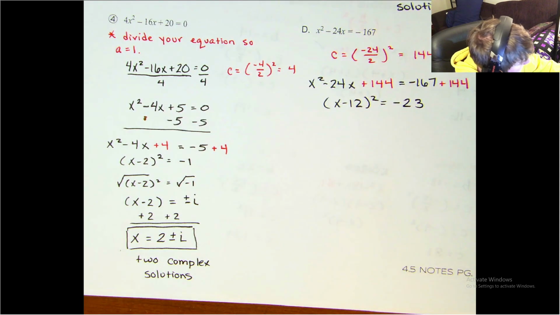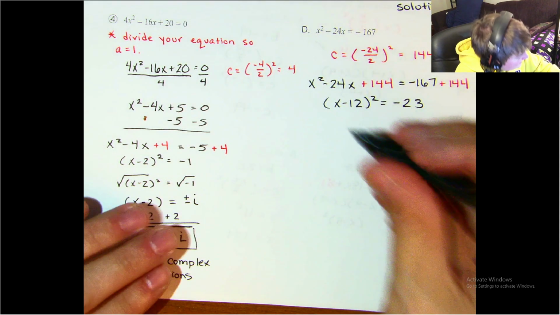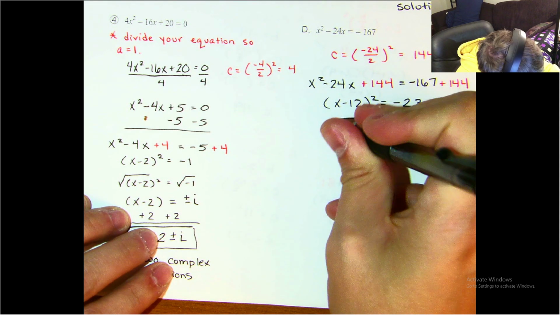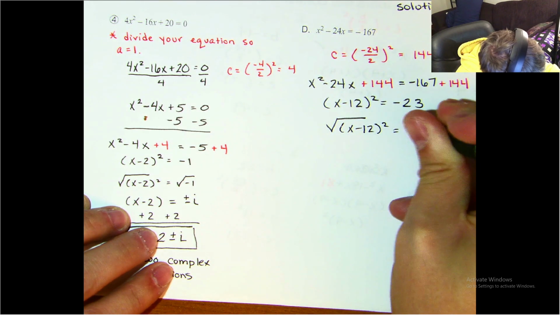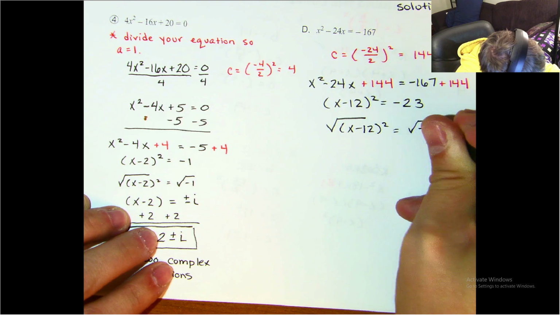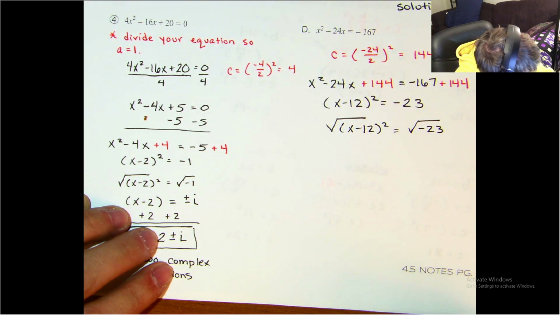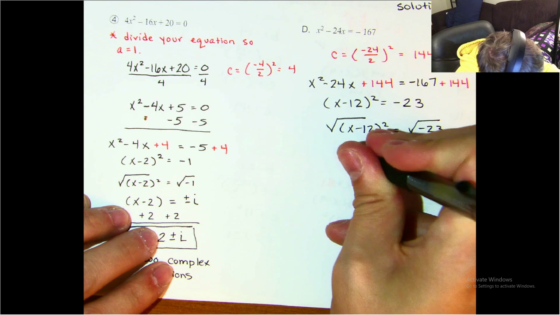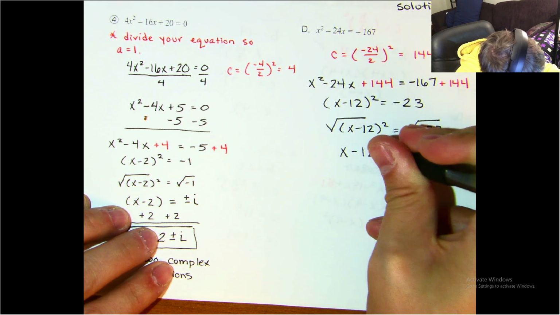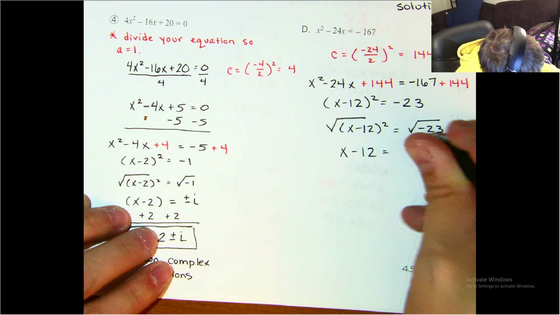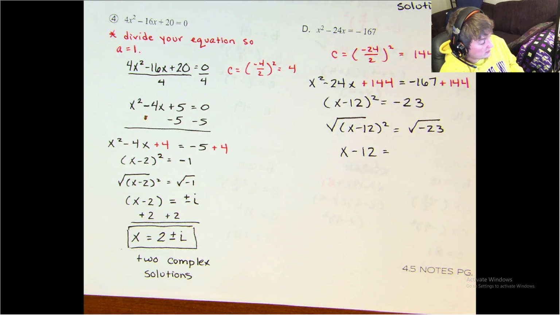Okay, then I can square root each side. And that gives me x minus 12 is equal to, well, the square root of negative 23.